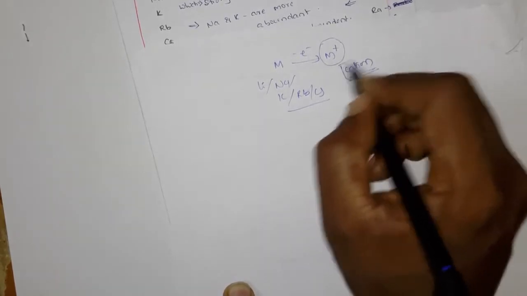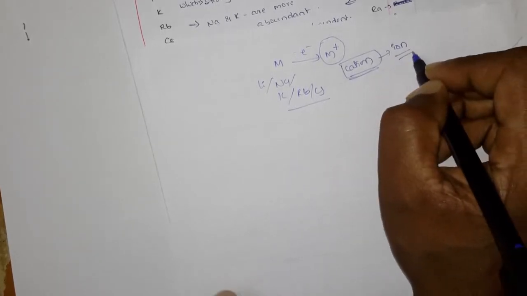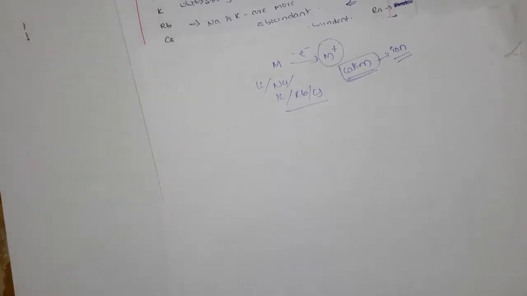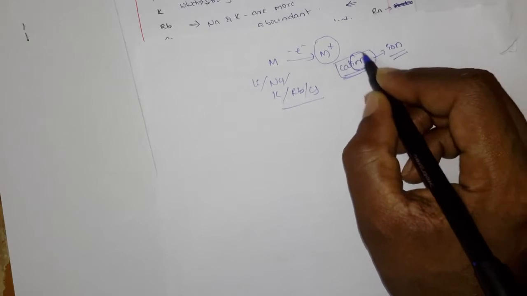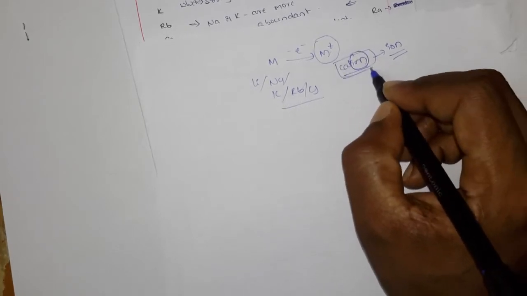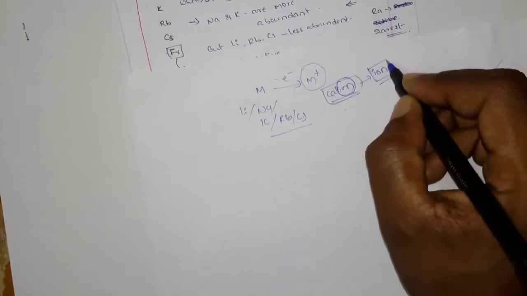Whether it is a cation or an anion, overall it is an ion: a positive charge makes it a cation, a negative charge an anion.